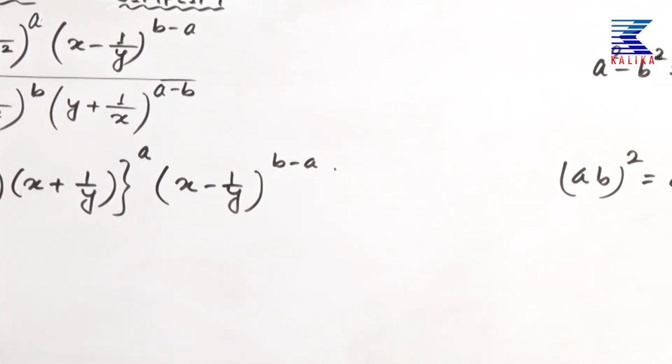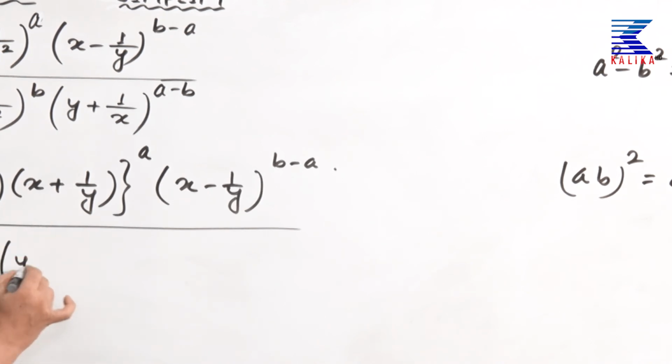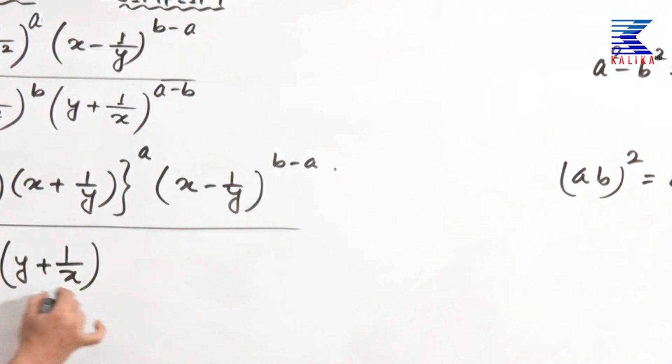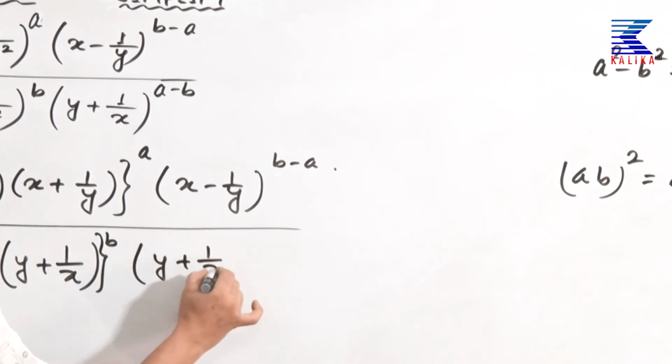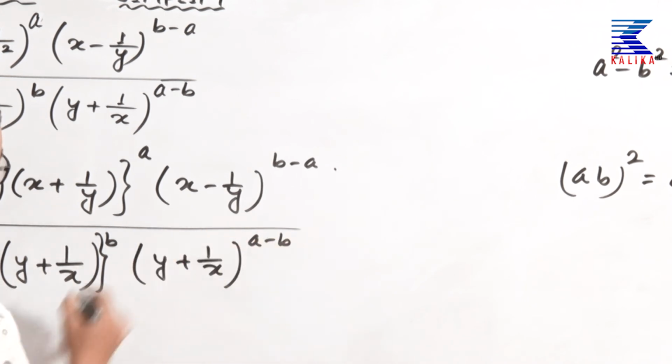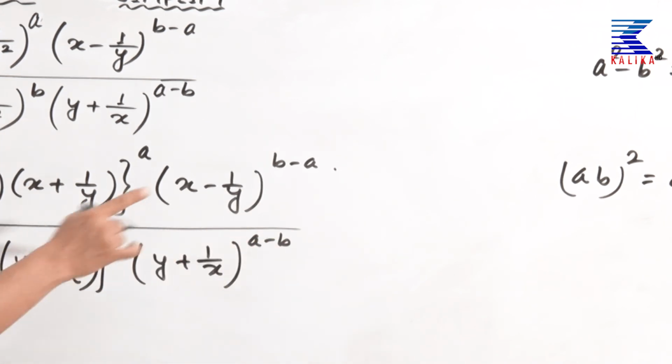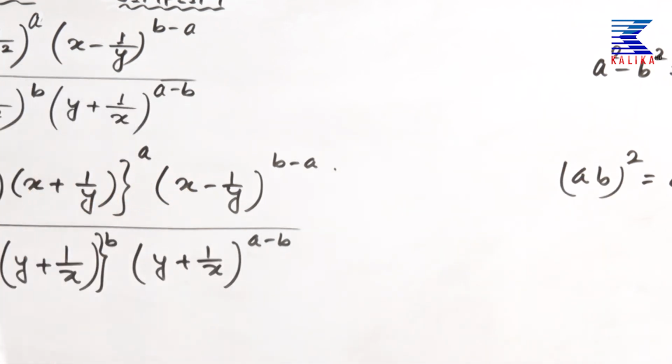Clear? And in denominator also y² − 1/x², that is (y − 1/x)(y + 1/x), to the power b, whole power b. Okay? And next (y + 1/x) to the power a − b. Clear? Then whole square of ab means a² b², then x − 1/y, x + 1/y, both power is a.